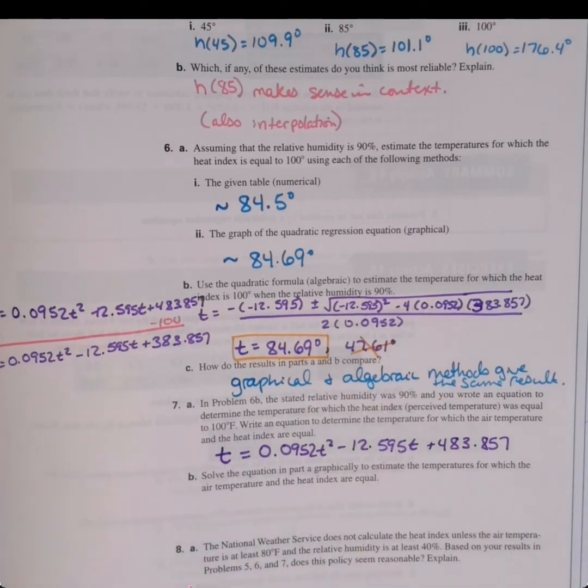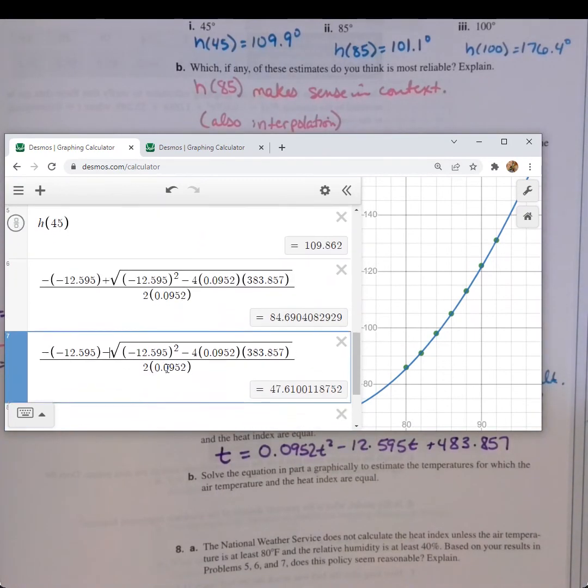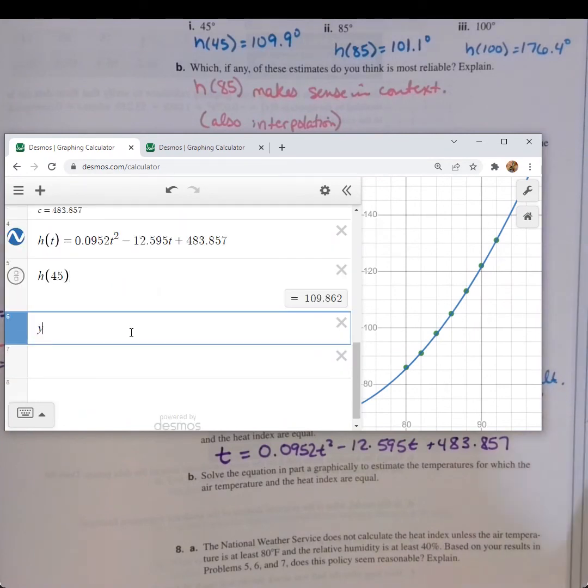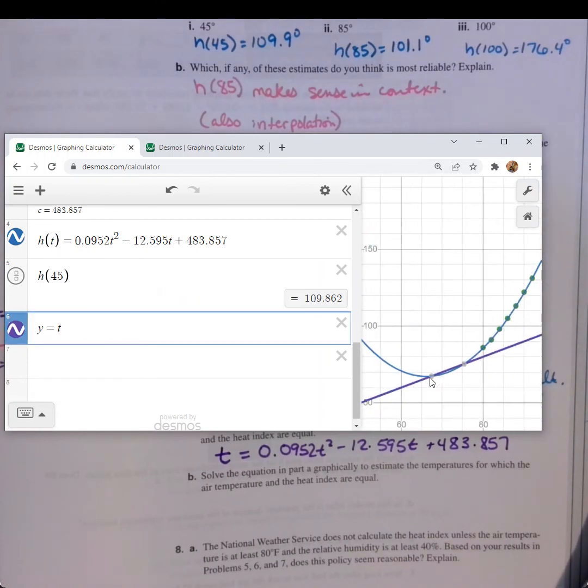All right, so I can solve this equation graphically. And if I'm going to solve this equation graphically, I just need to see the original equation, and instead of y equals 100, I want to see y equals t, right? In the intersection there. Now, there are two.